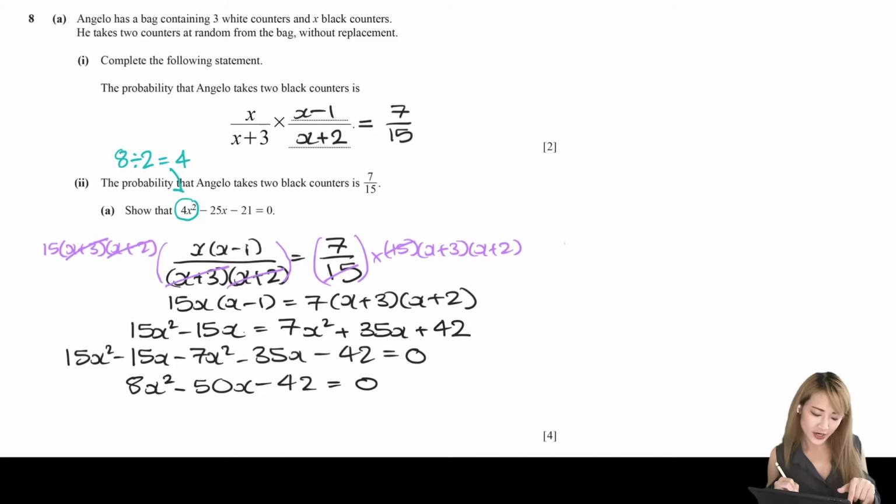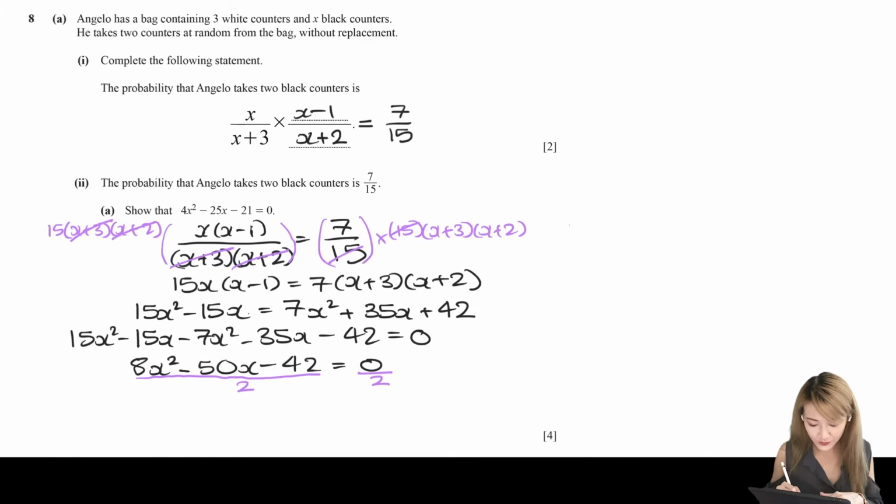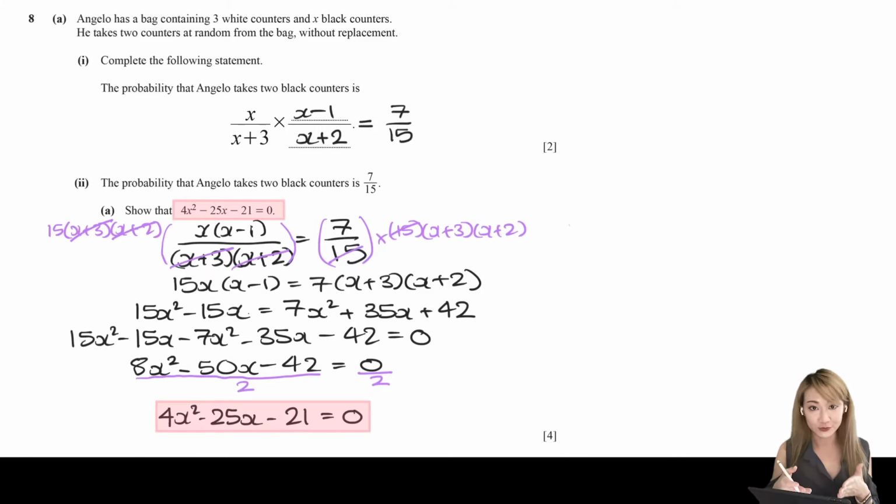So in order to change our expression to 4x squared, we need to divide it by 2. And what we do to one term, we need to do to every single term in the expression. So we can divide the whole thing on both sides by 2. And that will give 4x squared minus 25x minus 21 equals 0, which is exactly that expression.